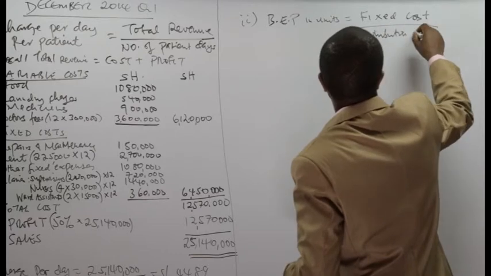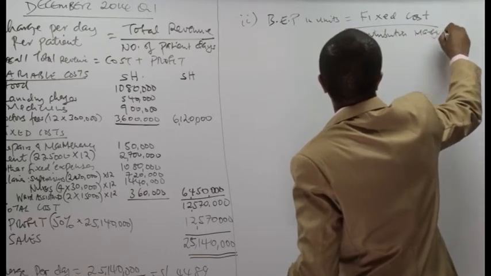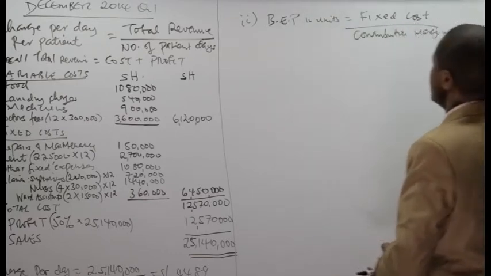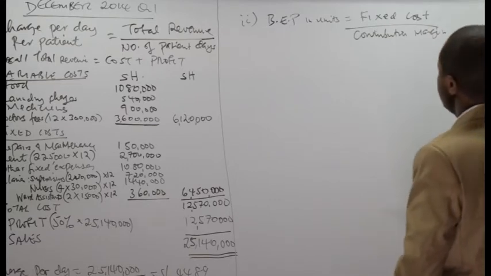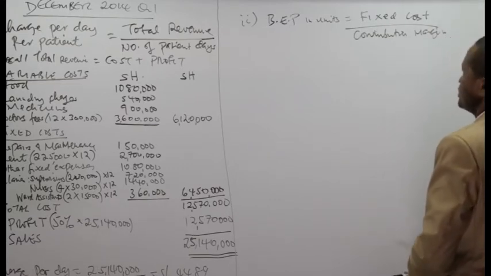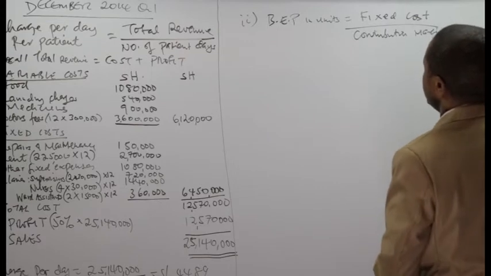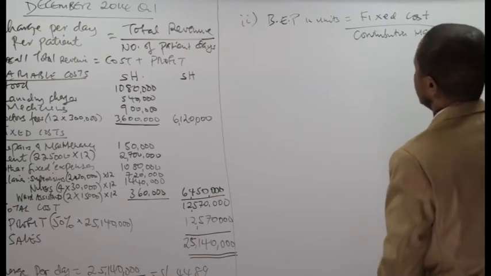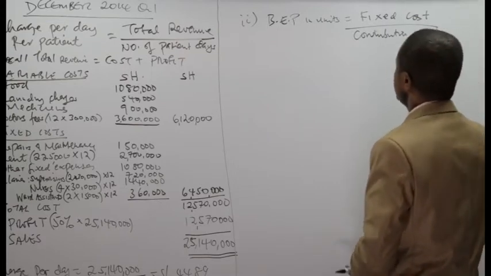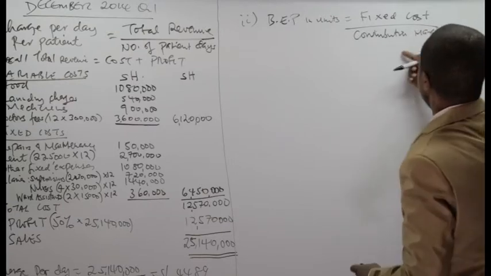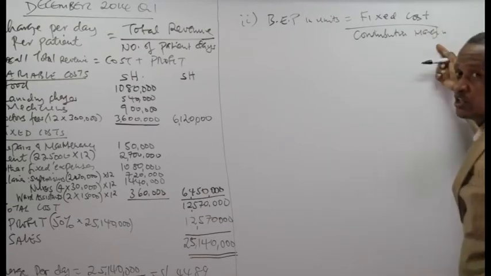Contribution margin, that is, we'll get the break-even in units. But if you are to calculate the break-even in shillings, we'll have fixed cost over contribution margin ratio.